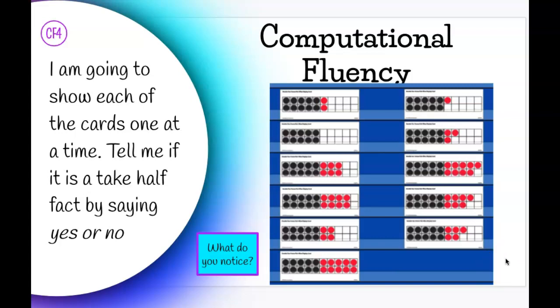Now, you may have been thinking, wow, these kind of look like our double plus or minus one facts. They sure do. You may also have noticed that they do not have the same amount of dots on the top and the bottom. Now, you may have noticed the same things as me. You may have noticed something different.